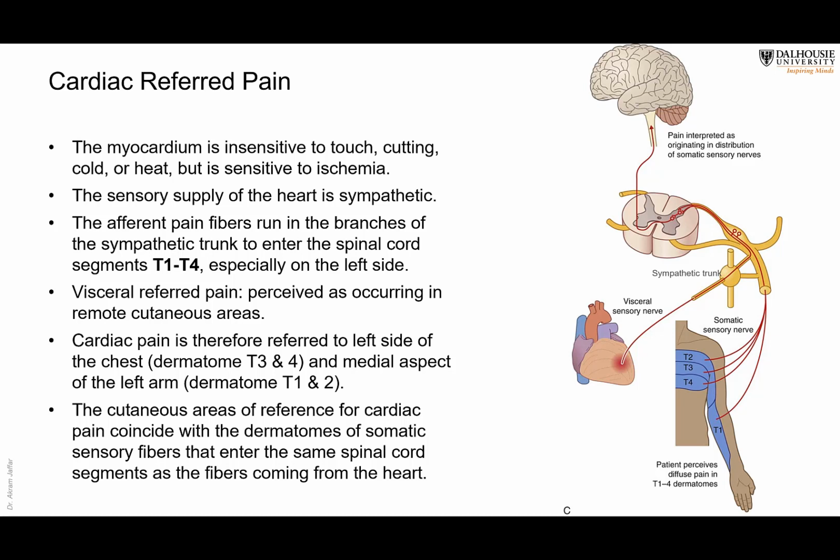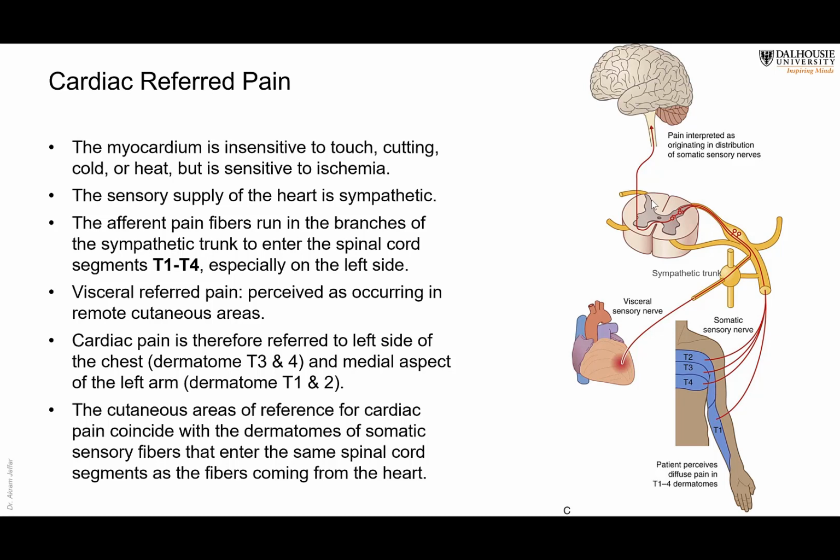So what happens here is that impulses reach the brain that there is something wrong between T1 and T4, and the brain cannot discriminate whether the pain is arising from the skin or from the heart, because it is the same spinal cord segments that receive pain impulses arising from the somatic areas, from the skin, and pain impulses arising from the heart.